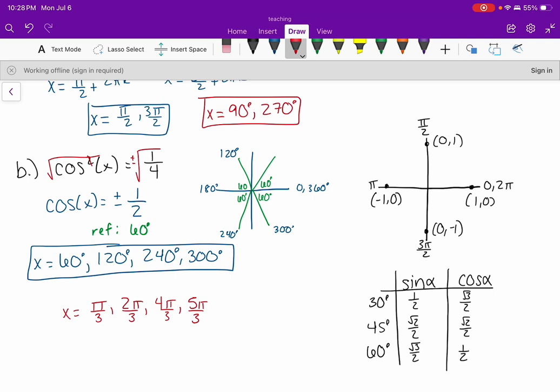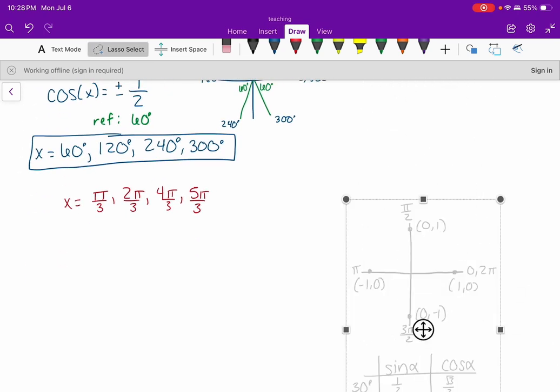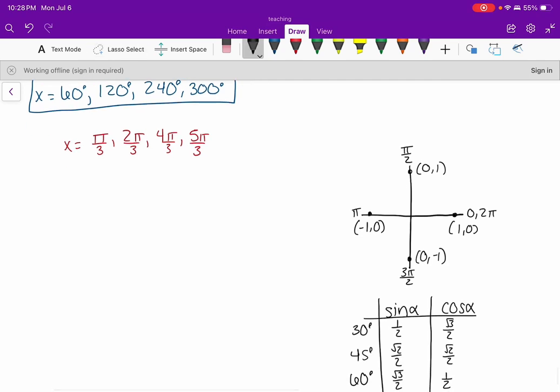Now, of course, these can get a little harder, mostly if they get into factoring. Let's do one that requires some factoring. This one's going to be part C. And we'll do tangent squared x equals tangent x.